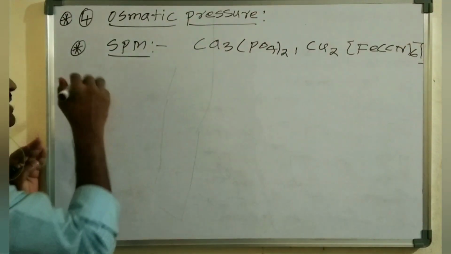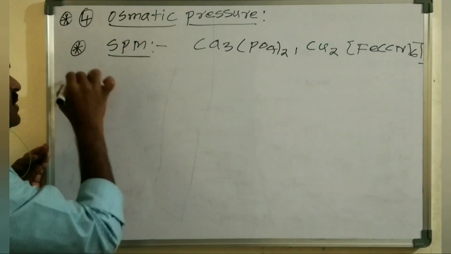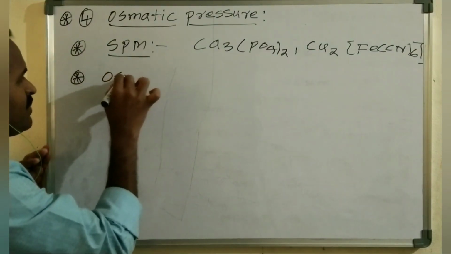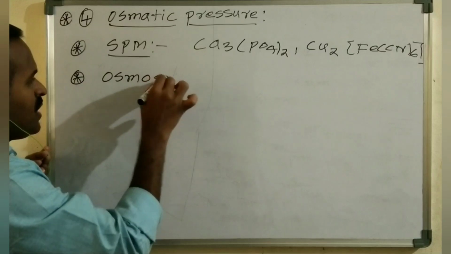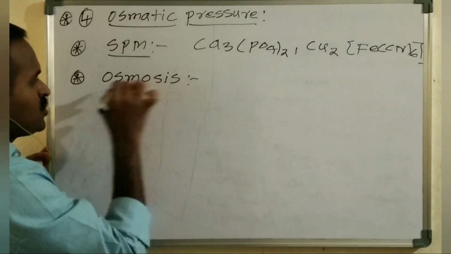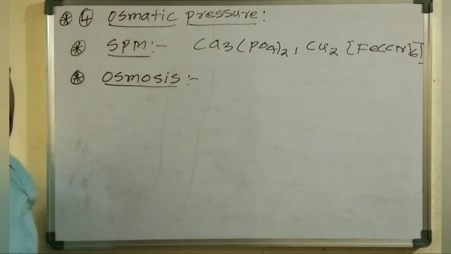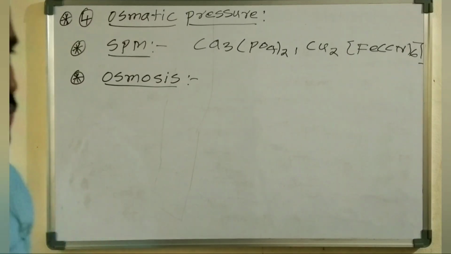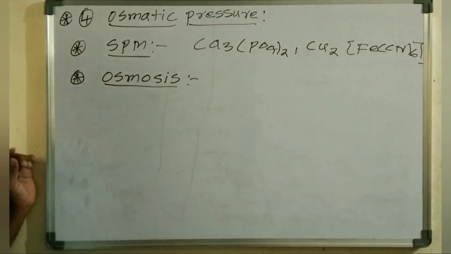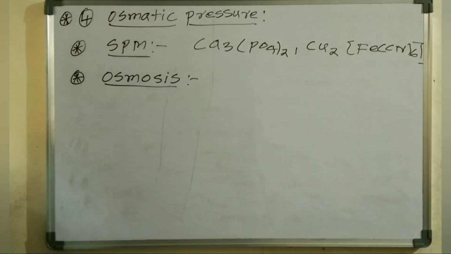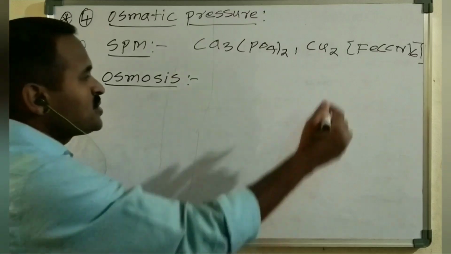After the semi-permeable membrane we have osmosis. Osmosis is the spontaneous flow of solvent molecules through a semi-permeable membrane from the pure solvent to the solution side.